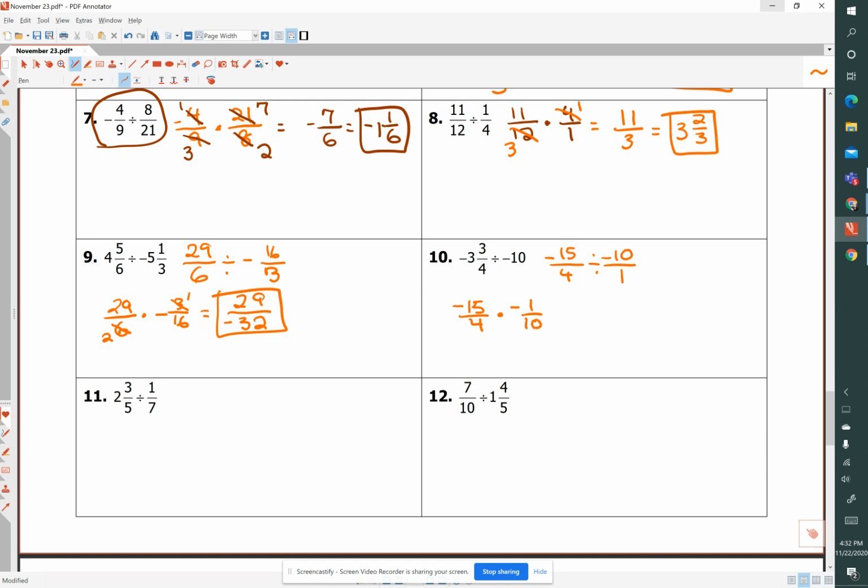So 10 and 15 are both divisible by 5. 15 divided by 5 is 3. 10 divided by 5 is 2, which would give us 3/8, and that would be positive because a negative times a negative is a positive. So try number 11 and 12, and let's see how you do.